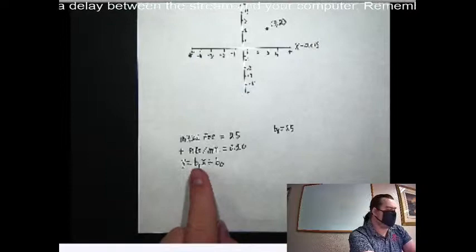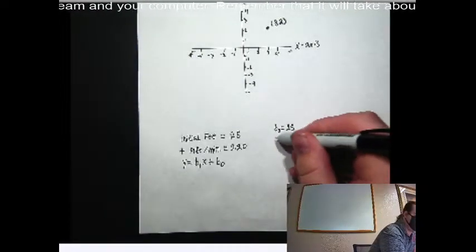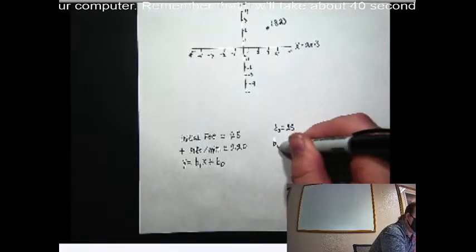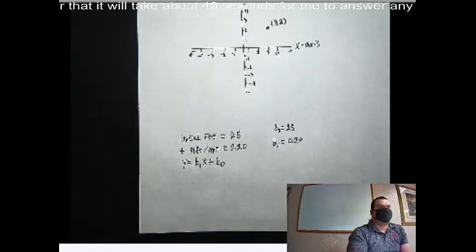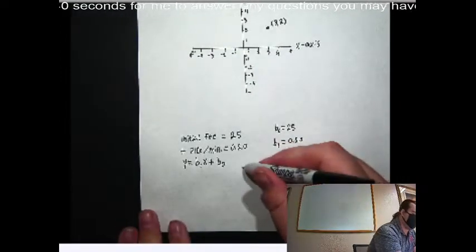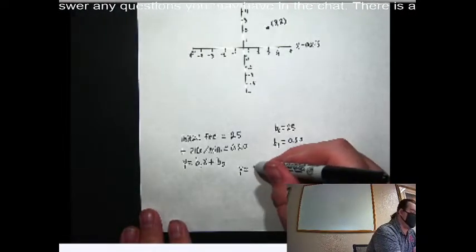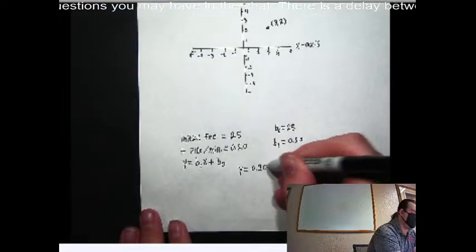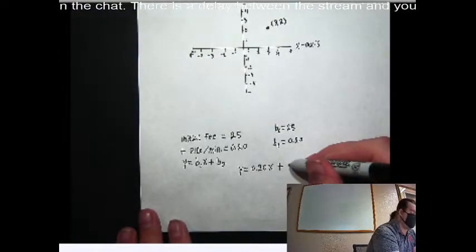So b sub 1 is going to be the multiplier here. B sub 1 is our 0.2. So let's go ahead and plug those in. We now have y equals 0.20x plus 25.